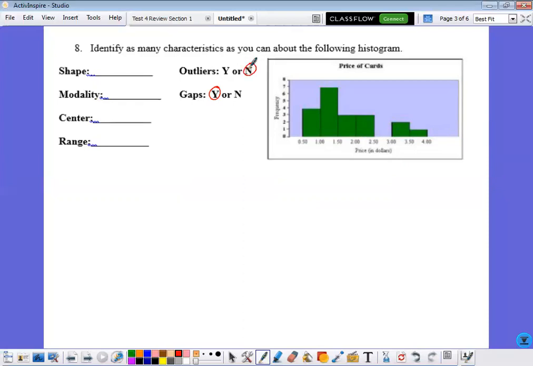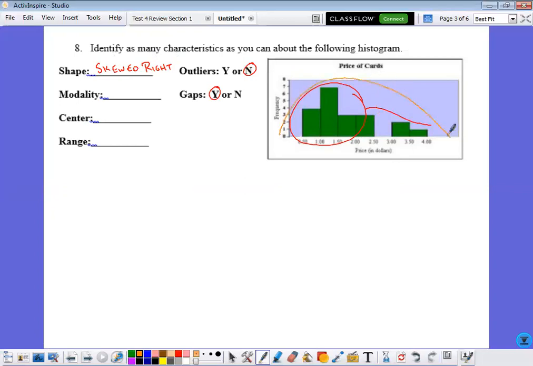Our shape, in my opinion, I see a chunk of our data and I see a tail this way. So I'm going to call that skewed right. Remember, our tail's facing the right. That tells us how it's skewed. In terms of modality, I myself, excuse me, let me draw that again.